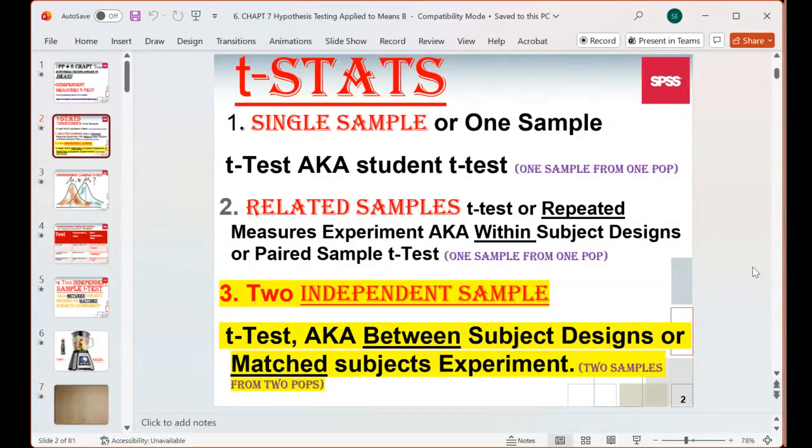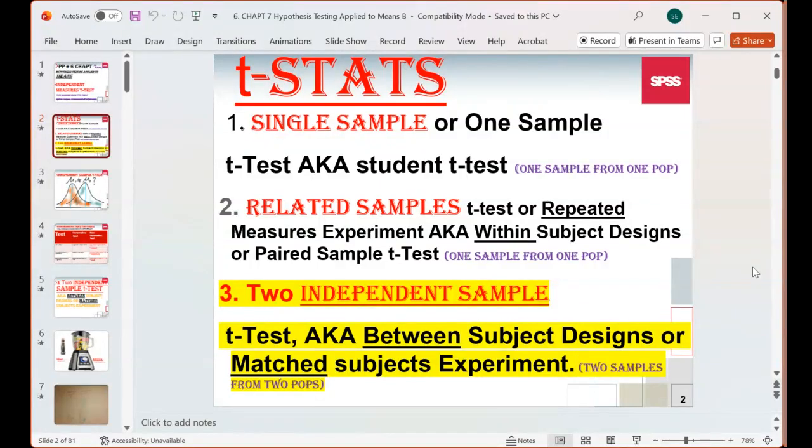Then related sample. So for the first one, you have one sample from one population. For the second one, related sample, you still have one sample from one population. The only difference is, just like the name suggests, you repeat the measurement twice. If it's more than twice, that's ANOVA.